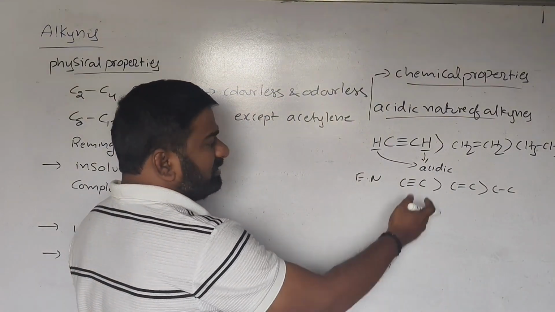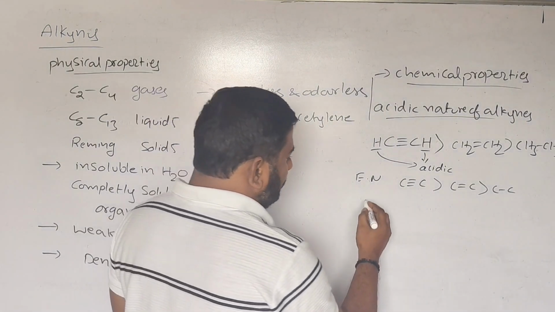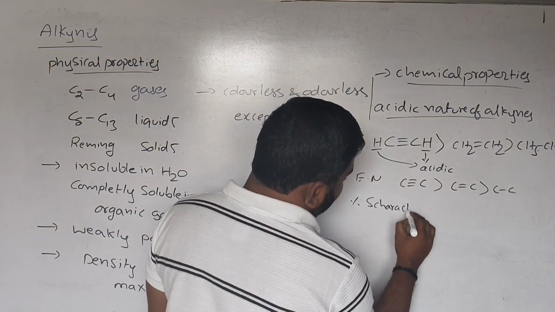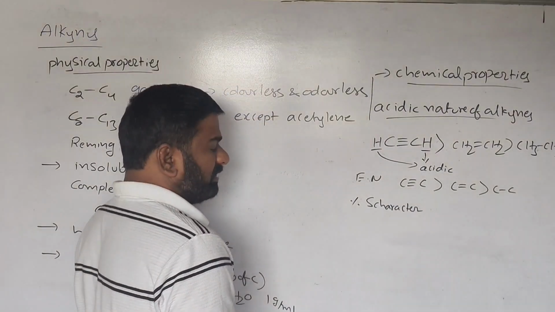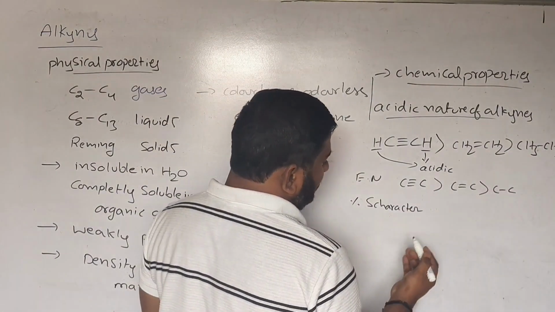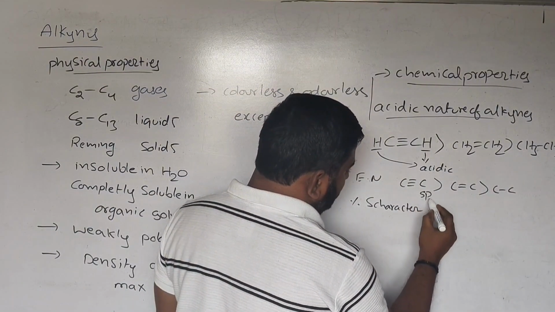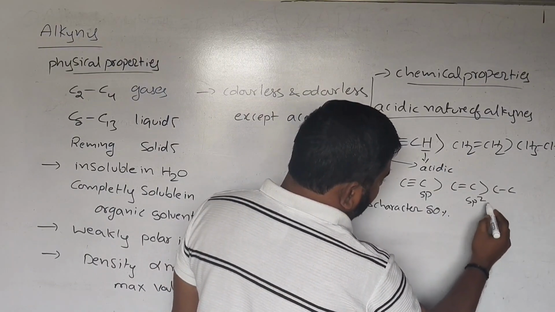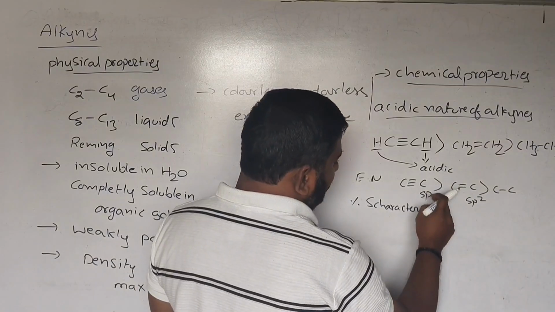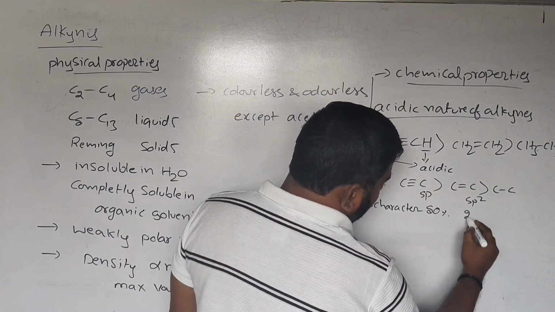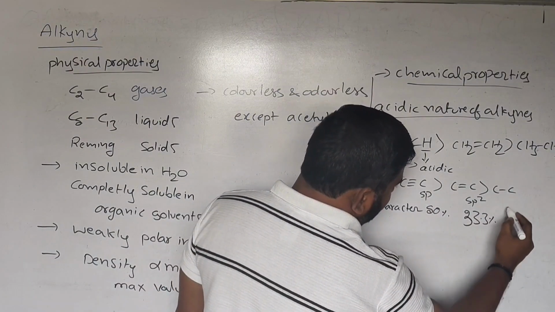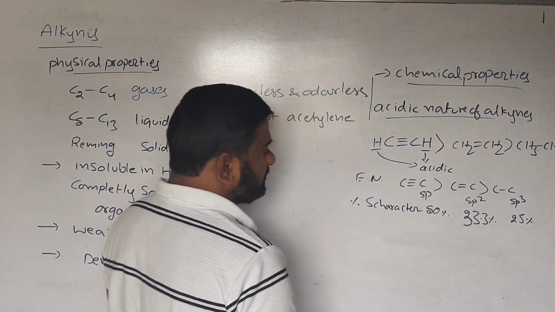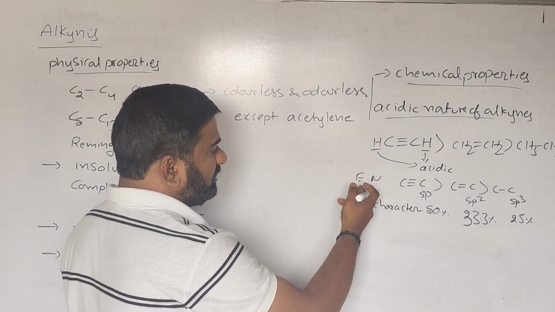How can we tell this? Based on the percentage of s character, we can tell the electronegativity. The more the percentage of s character, the more the electronegativity.